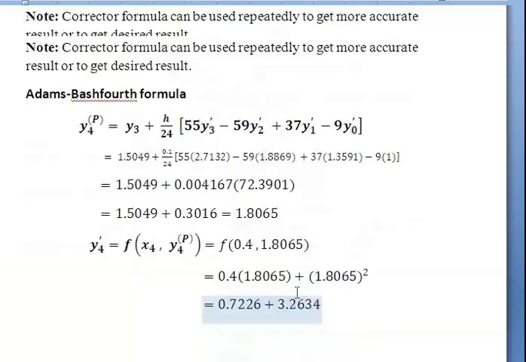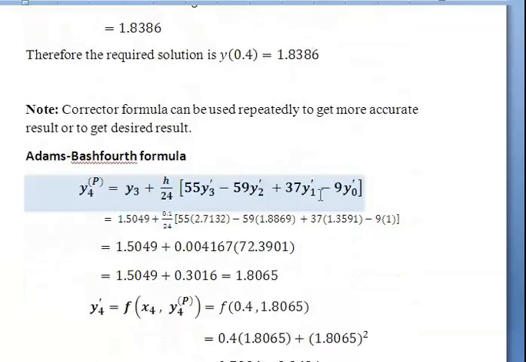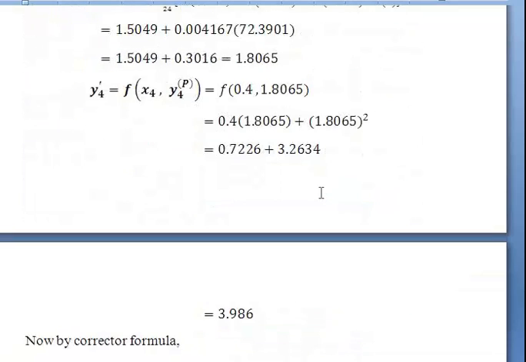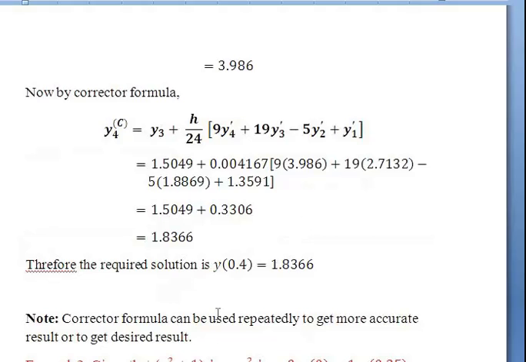Already we got 1.8386 by Milne's method also, so there is a slight difference between these two answers. Here also the corrector formula can be used repeatedly to get a more accurate or desired result. Sometimes it will be asked to use the corrector formula twice.